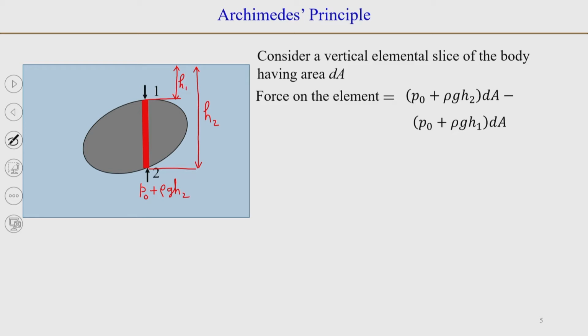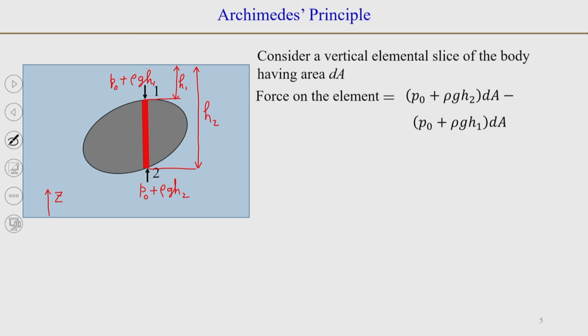The pressure at point 1 will be P naught plus rho g h 1. So, if we say that the positive z direction is pointing upward, then the net force on the element is P naught plus rho g h 2 times dA, which is acting upward, minus P naught plus rho g h 1 times dA, which is pointing downward.